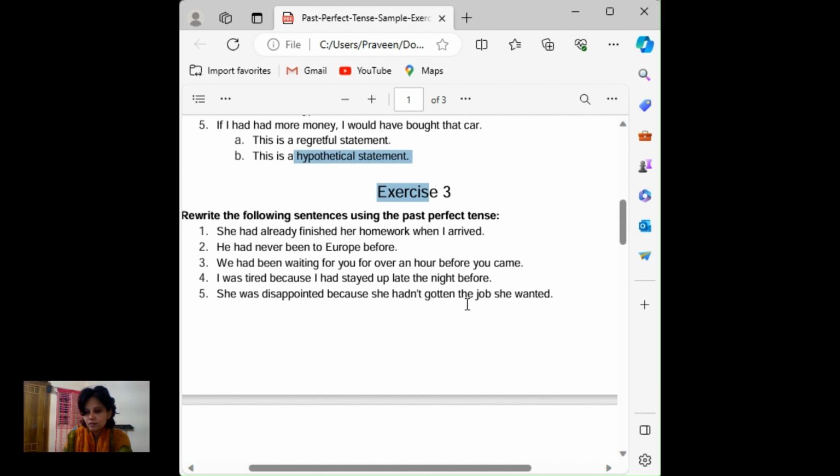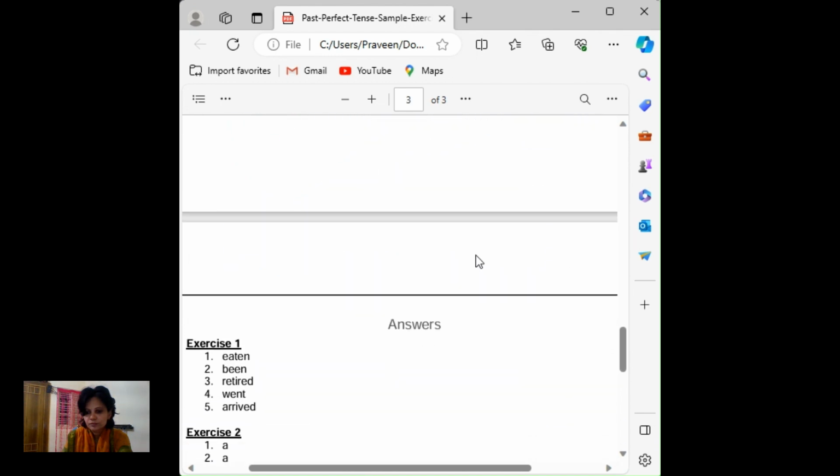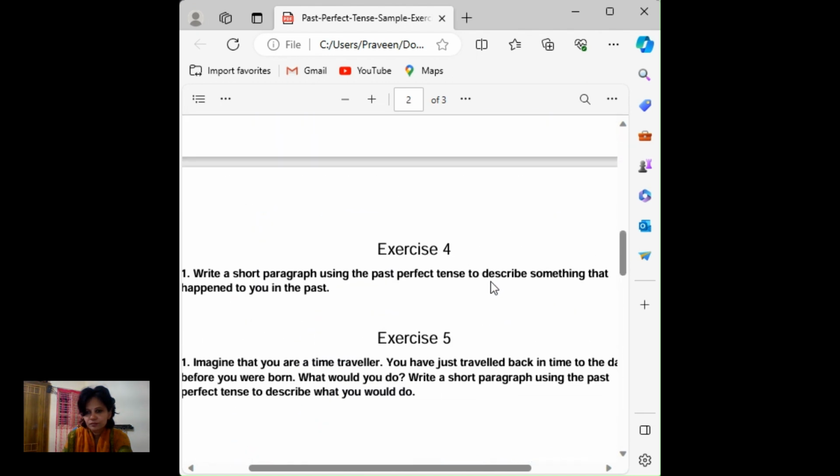When she didn't get it, at that time she became sad. That is what it is telling: she hadn't gotten the job she wanted, the job she needed. She didn't get the required job. When she didn't get that job, she was disappointed. That is what it means. Yeah, those are all the answers.